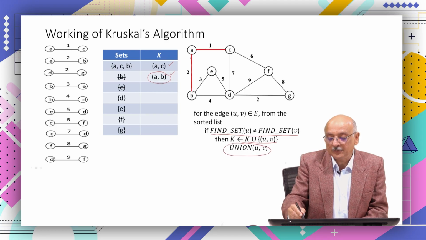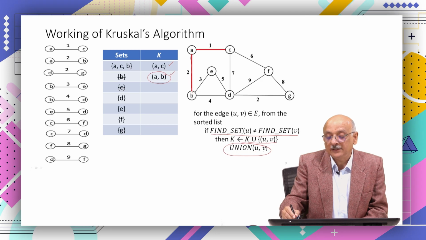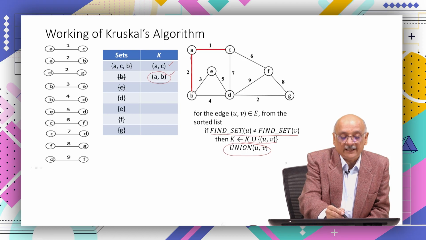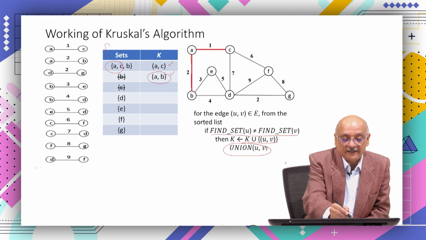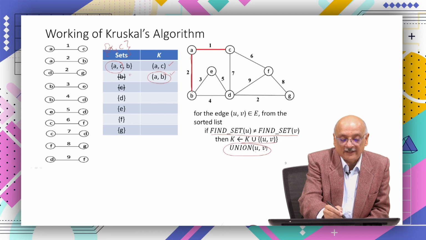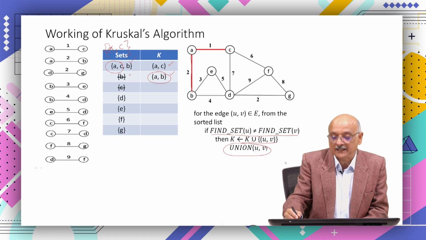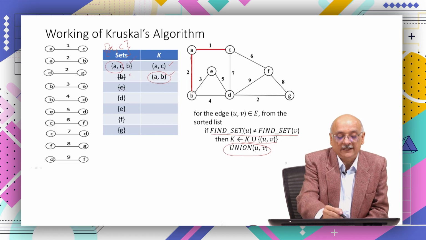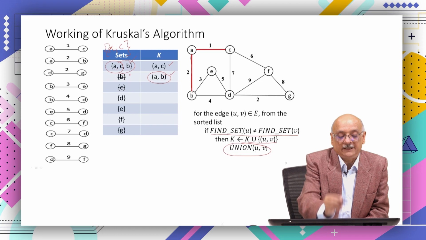Now perform the union of the set containing U and the set containing V. The set containing U was actually AC, which contained A, and B was contained in B. So we took the union of A, C and B, and the new set generated after the union is ACB.